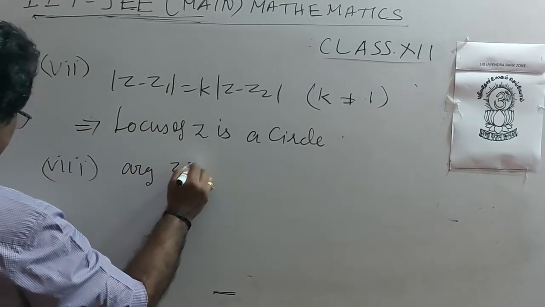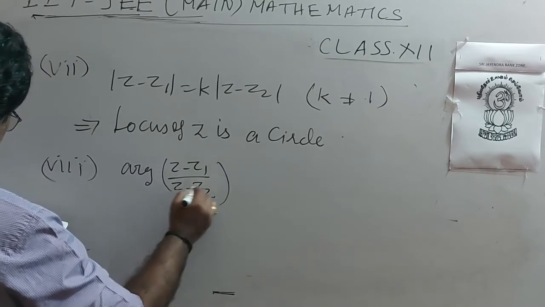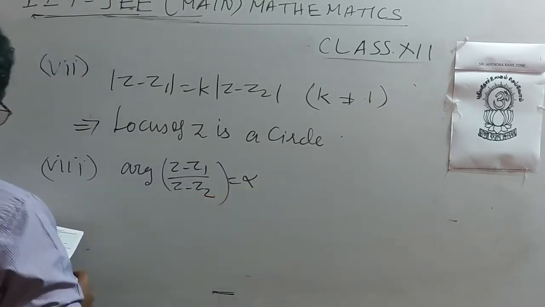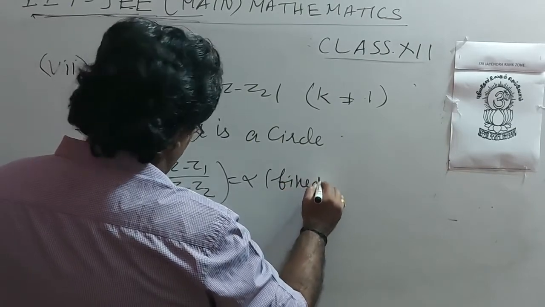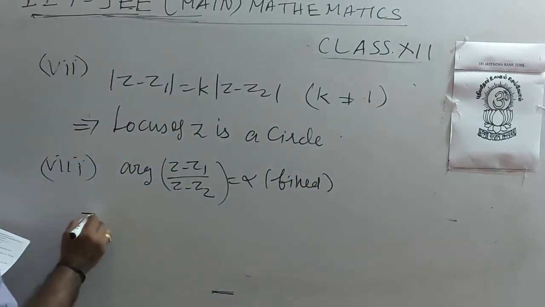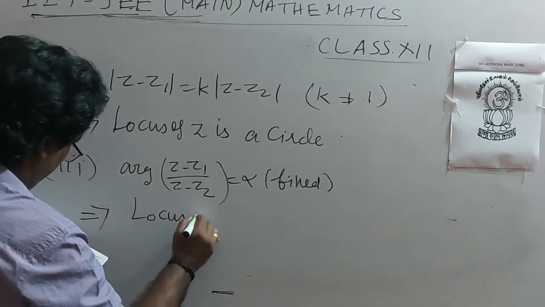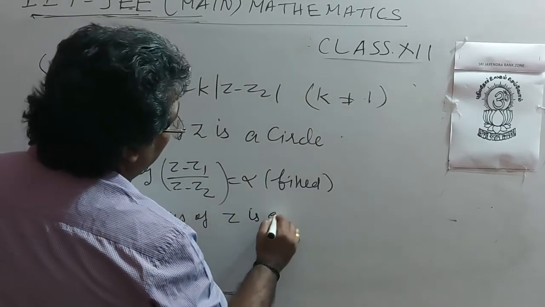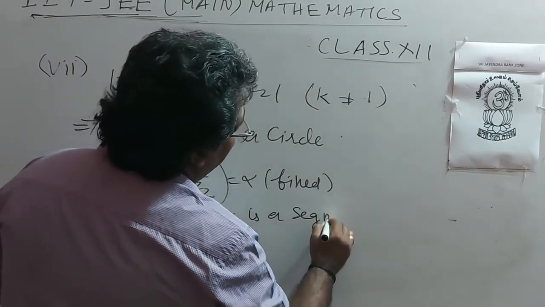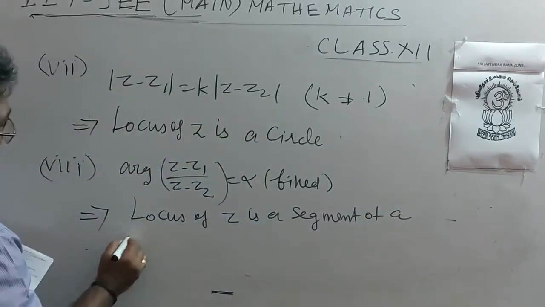Argument of z minus z1 divided by z minus z2 equal to alpha, that is fixed constant, which implies locus of z is a segment of a circle.